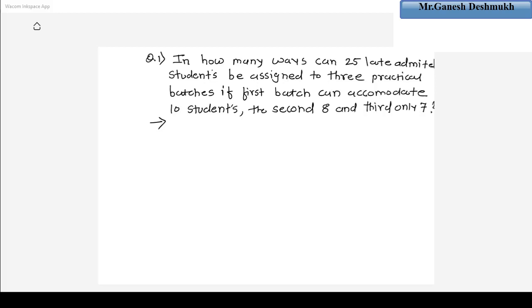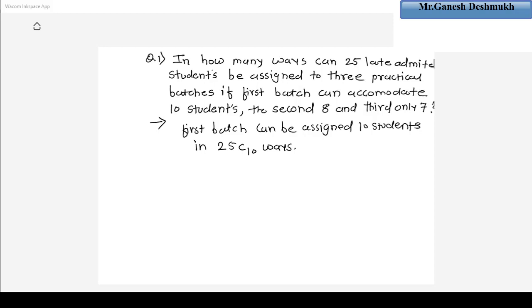So to the first batch we can assign 10 students in 25C10 ways. Now how many students are left?